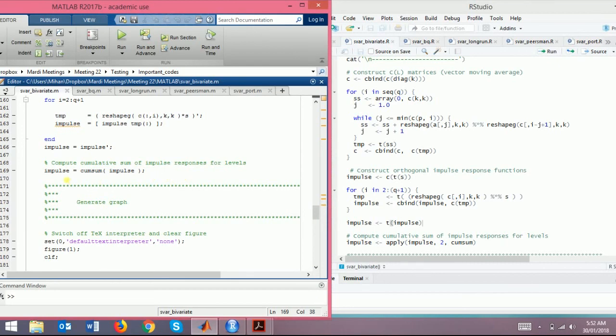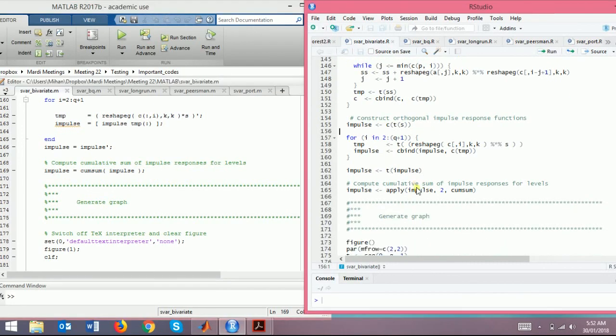So you have impulse response function, and taking a cum sum or cumulative sum, here we are using the apply function. Apply is x, margin, fun. So x is impulse, margin is 2 because it's a 2 by 2 matrix, function is cumulative sum.